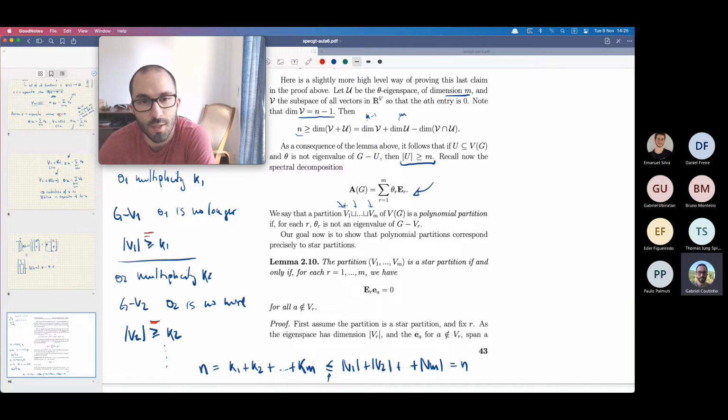Each one of these sets has size exactly equal to the multiplicity of the eigenvalue. And when you remove these vertices, the eigenvalue disappears. Again, the question is, do these partitions exist? And I will show that they exist by showing that these partitions are exactly the star partitions. So something that is a star partition is a polynomial partition and vice versa.